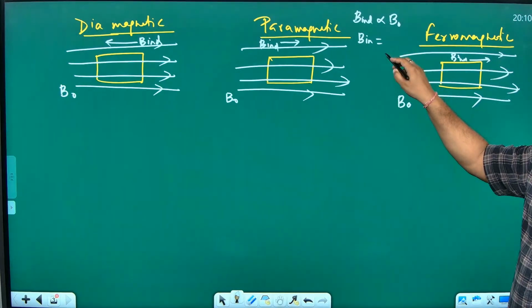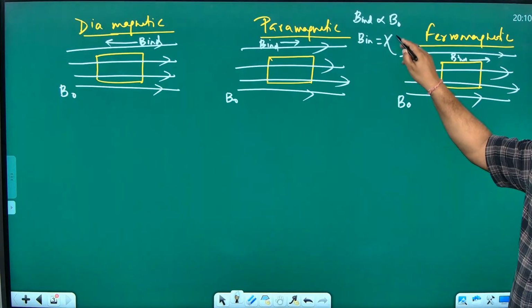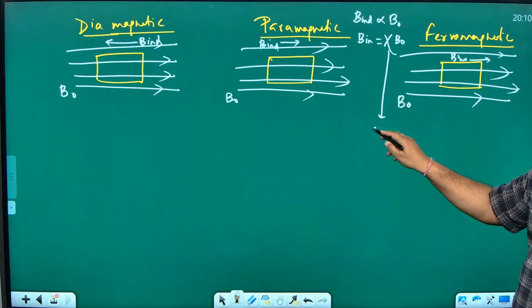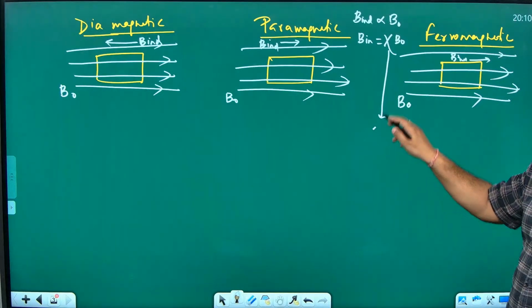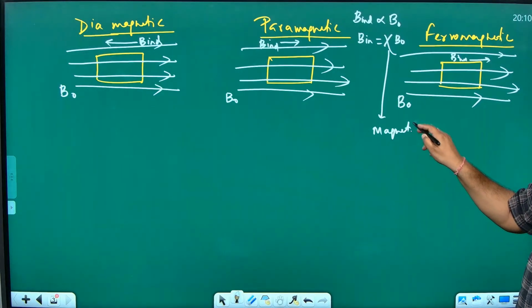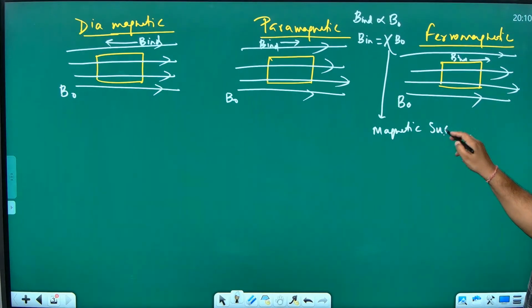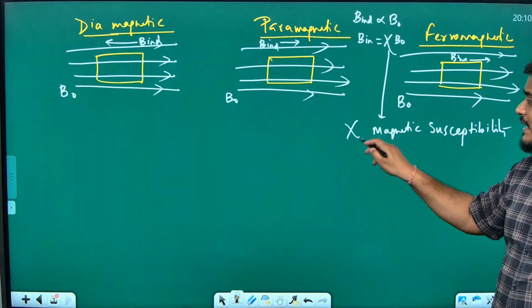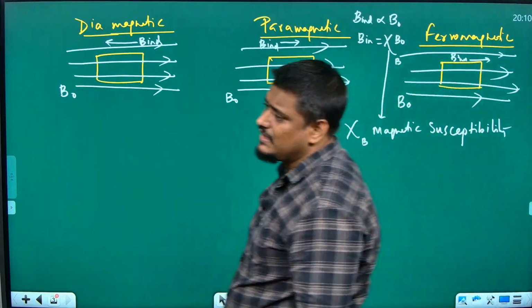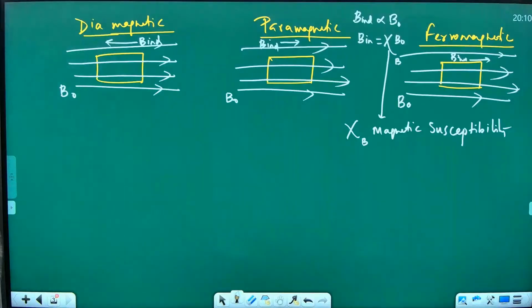That constant is chi, which is called susceptibility. It already came in the second chapter. Here it is called magnetic susceptibility. In the second chapter it was called electrical susceptibility. So, here we call it chi B, there it was chi E.